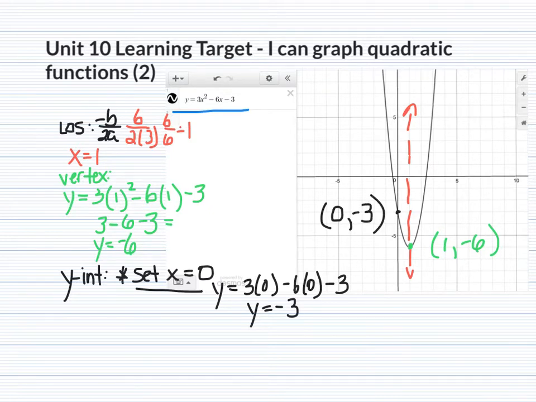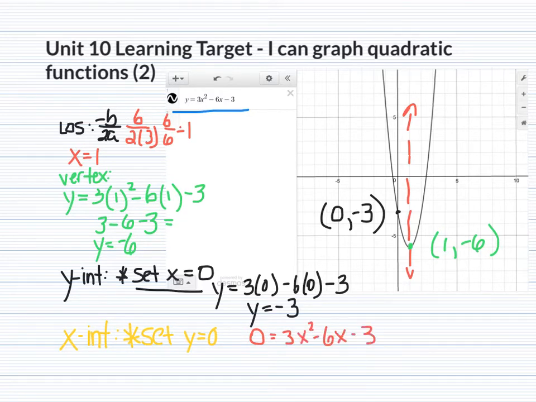For the x-intercept, or intercepts, set y equal to 0. Those are the two things to remember. So we would have 0 equals 3x squared minus 6x minus 3.